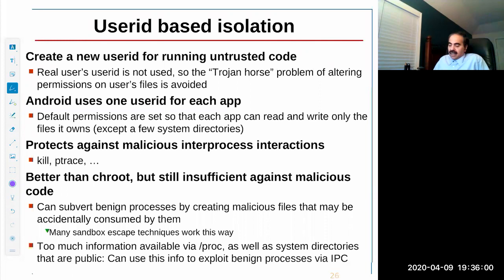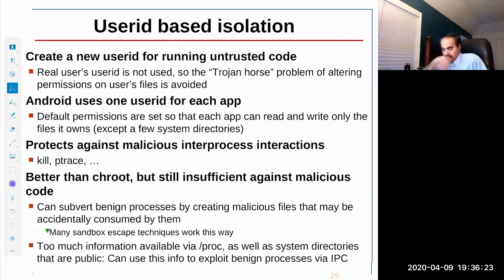Unlike the model in Linux, where the user that runs a process gives it their privileges, in Android the app runs with the app's user ID and not with your user ID.